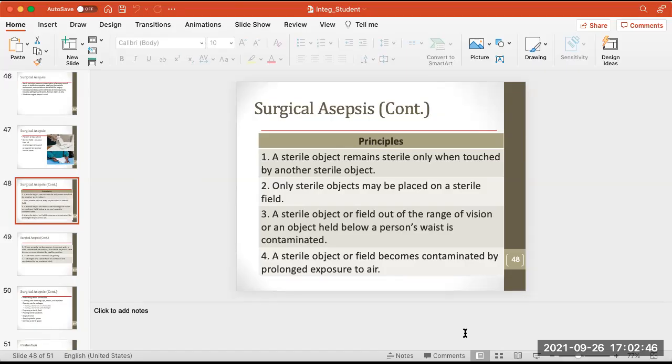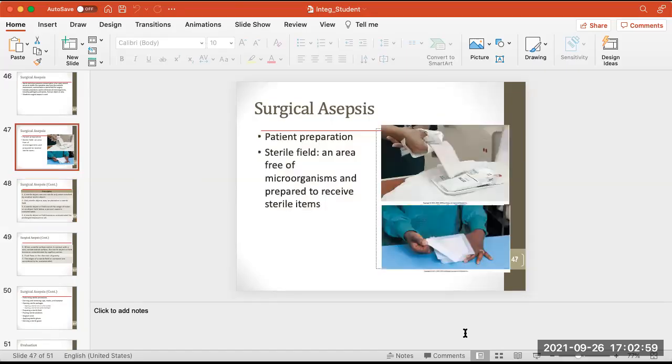That will make sense only when you open a sterile pack in the lab and see where the contents are placed, and why the periphery 1 inch is considered clean but not sterile.